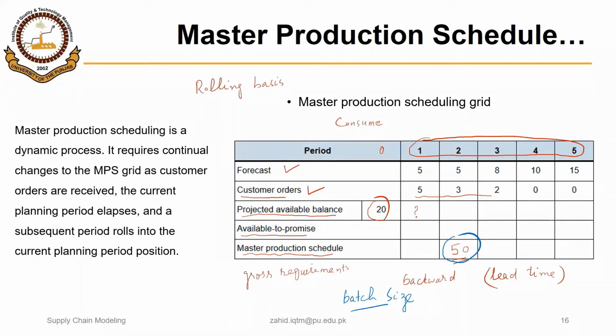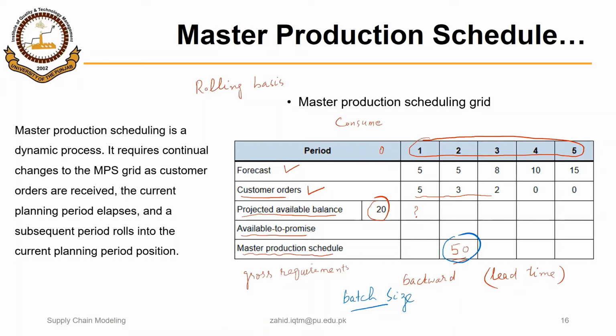And a very important point with respect to master production scheduling is that the quantity that we are planning to produce could be different than the customer orders, and that is generally the case. The quantity that we are planning to produce is based on your production limitations and production capacity.